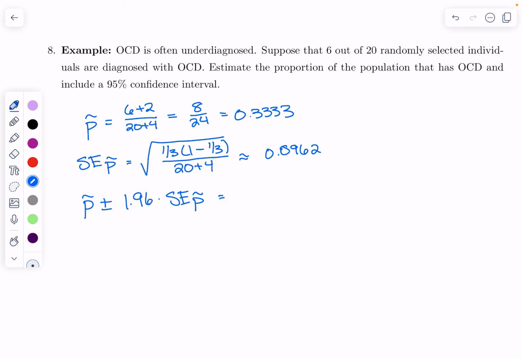And so our confidence interval is p tilde plus or minus 1.96 times the standard error, which in this case is 0.3333 plus or minus 1.96 times 0.0962. So this gives us a confidence interval of 0.1447 to 0.5219.